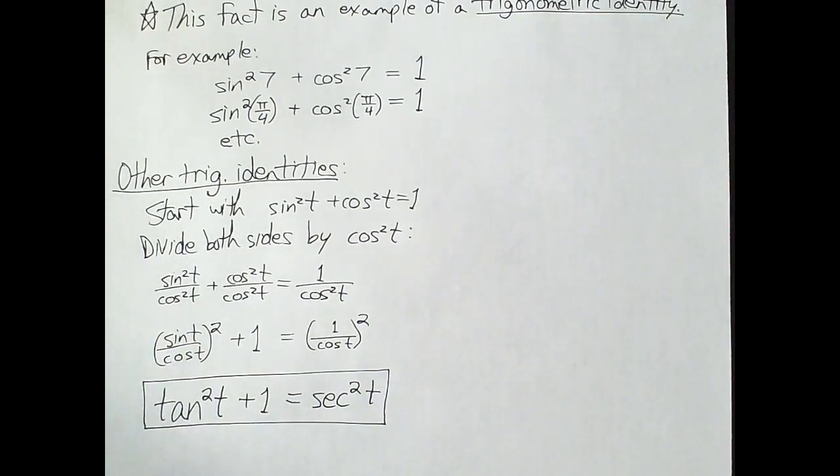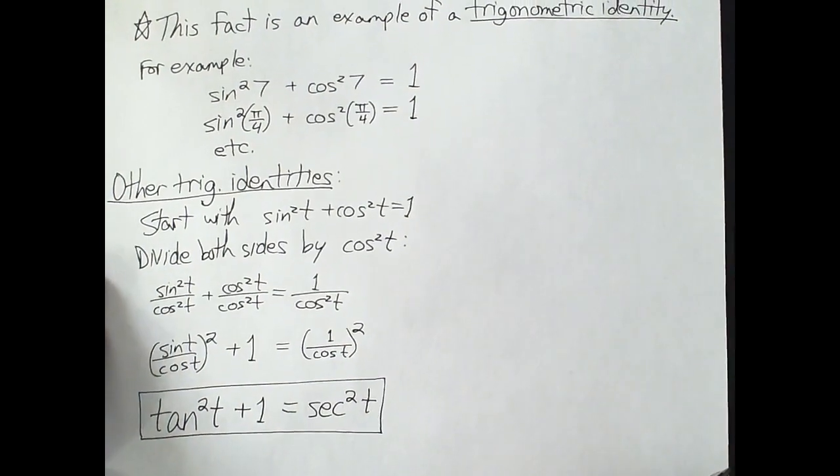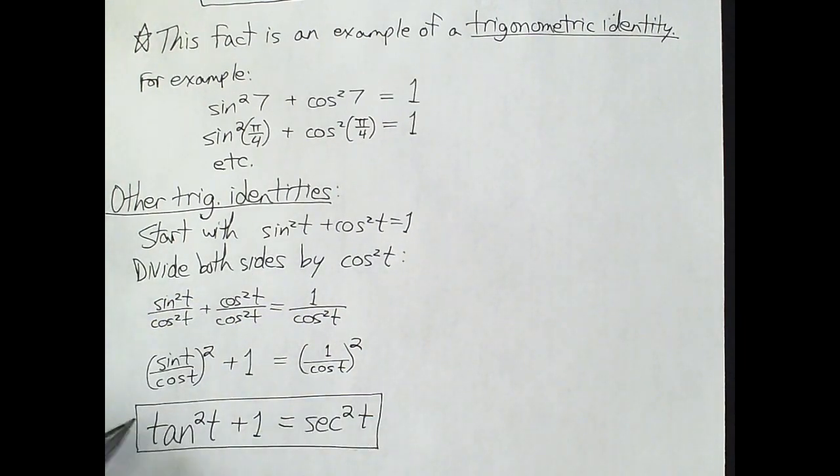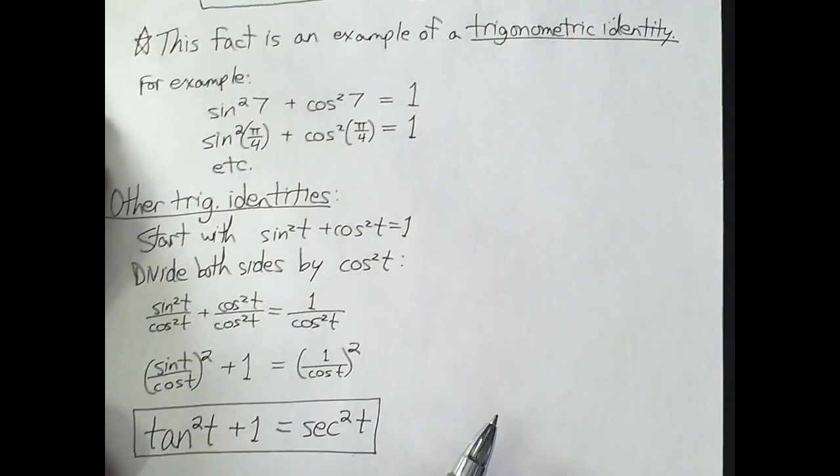And this one is telling us about how tangent and secant are related to each other. Pretty cool. The first trig identity we had came from the unit circle equation. And now we did some step to this, and then we were able to get a new trig identity. So this tells us tangent and secant are related to each other in this way.